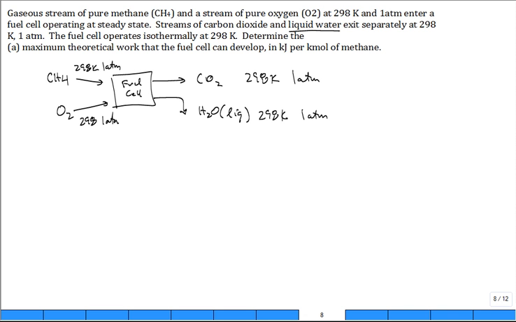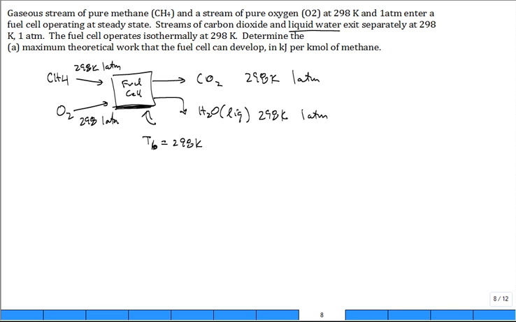The fuel cell operates isothermally at 298. So anywhere around here, the surface temperature T_b is equal to 298 Kelvin. The surface of the black box called the fuel cell is 298 Kelvin. Determine the maximum theoretical work that the fuel cell can develop in kilojoules per kilomole of methane.